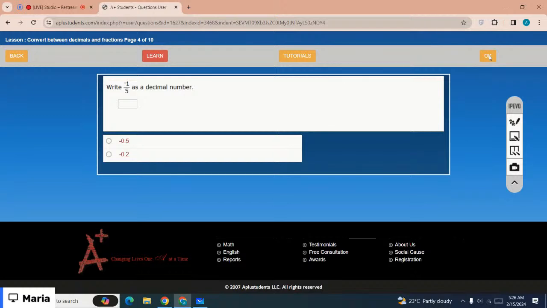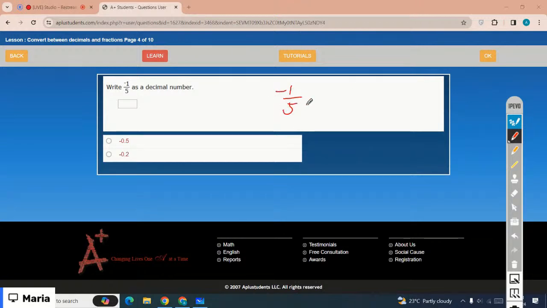So the first one, no, you have to make the denominator equal to 10. So you need to multiply it by 2. That is negative 2 over 10, and you can write it easily as a decimal, that is negative 0.2, isn't it? Whenever you have to write a fraction as a decimal number, make the denominator equal to 10, 100, like this, right? You can make this equal to 10, so you multiply numerator and denominator by 2. So that is negative 2 over 10, and that equals negative 0.2.